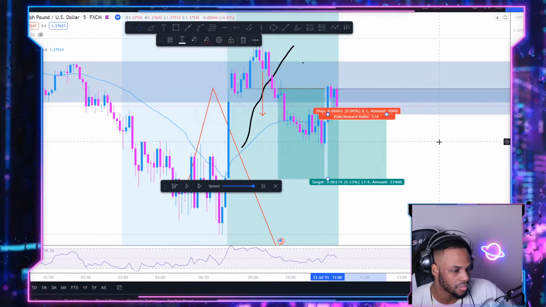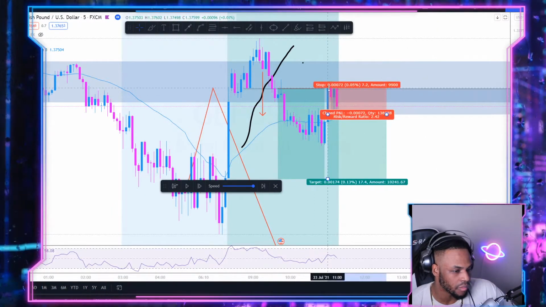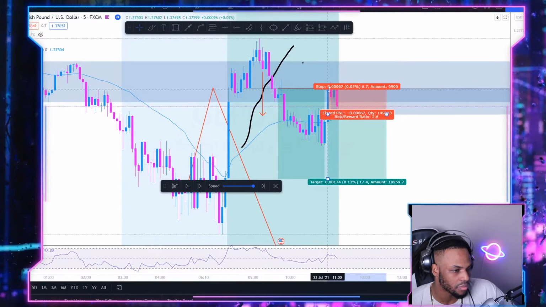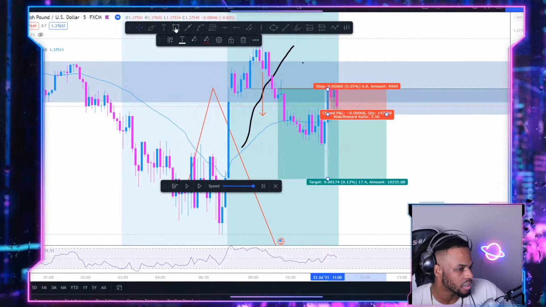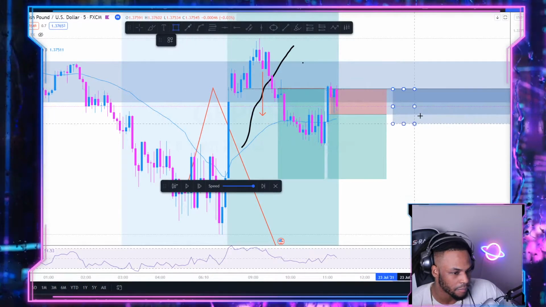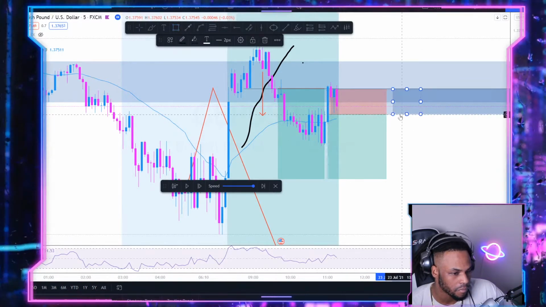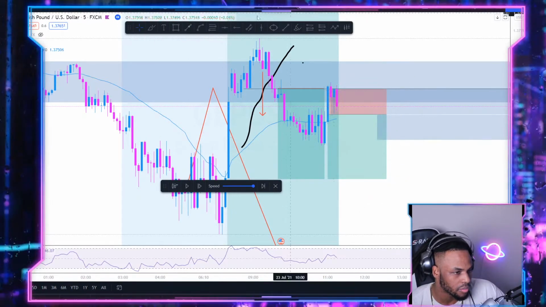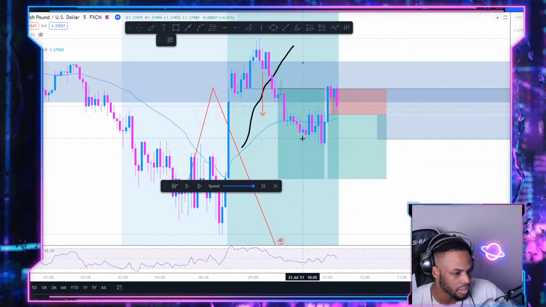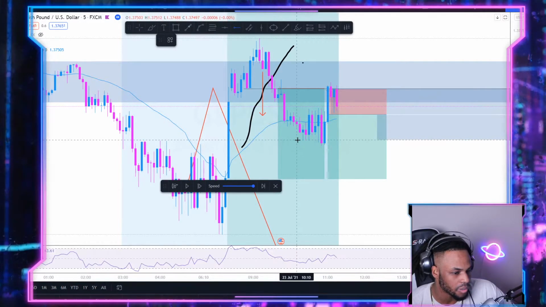Say I'm break even here. And if you don't believe that was 1-to-1, I'll show you. It's basically at the entry of this. I'll measure it with this. Drag this area down here. So when price broke this level here, I'm now 1-to-1 on that position.